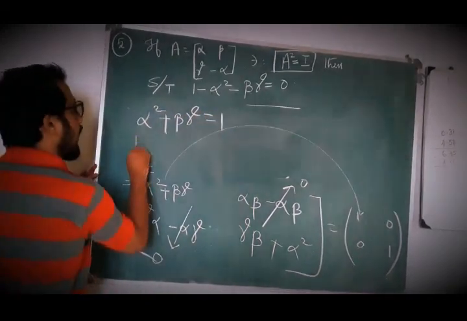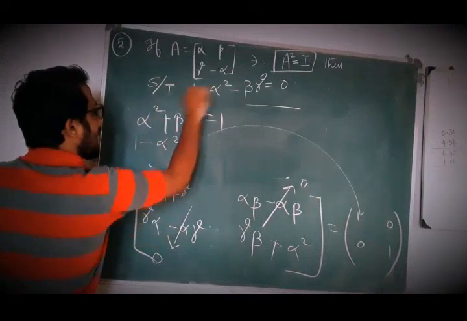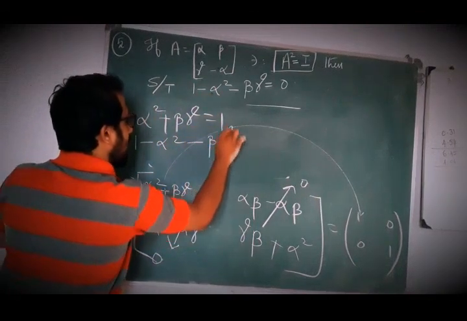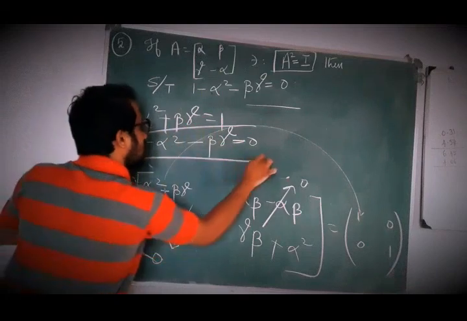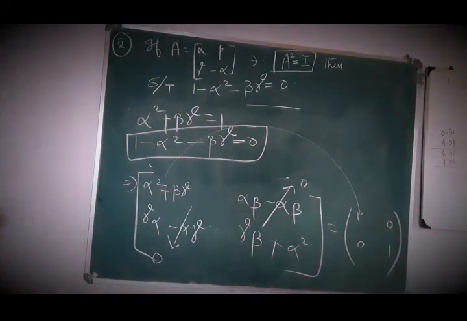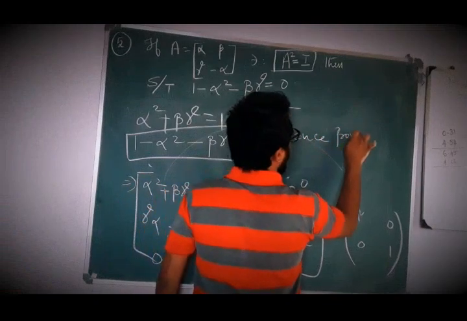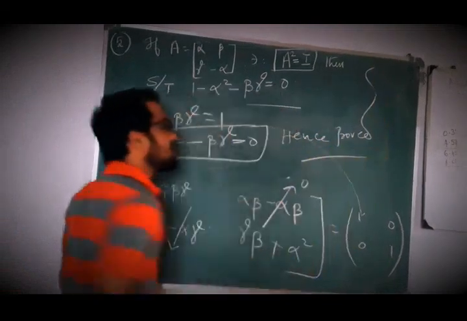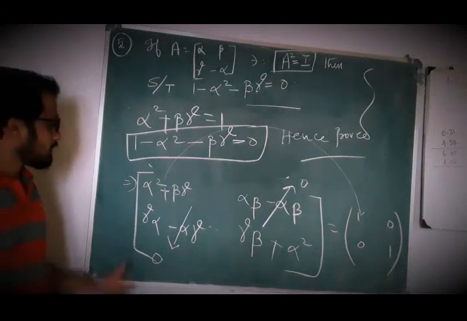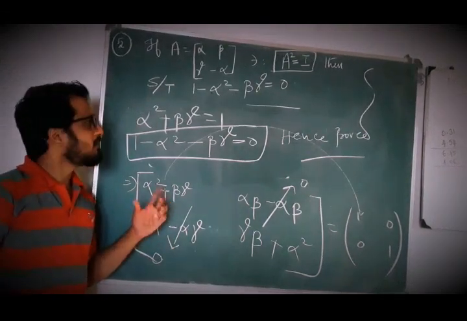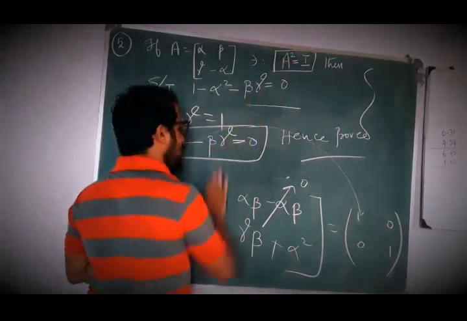We got the result: 1 minus alpha square minus beta gamma is equal to 0. Hence proved. Is it clear? Very easy. According to this condition only we are going to prove.